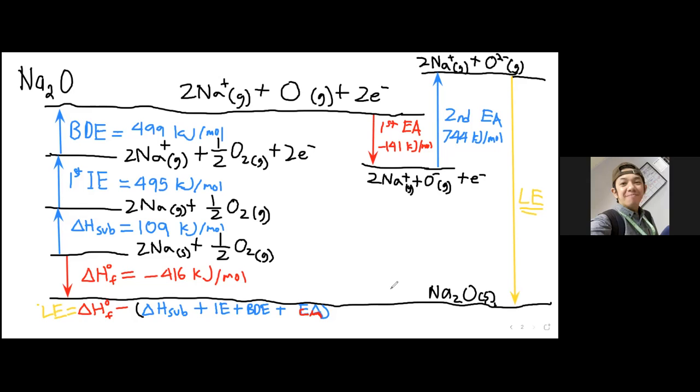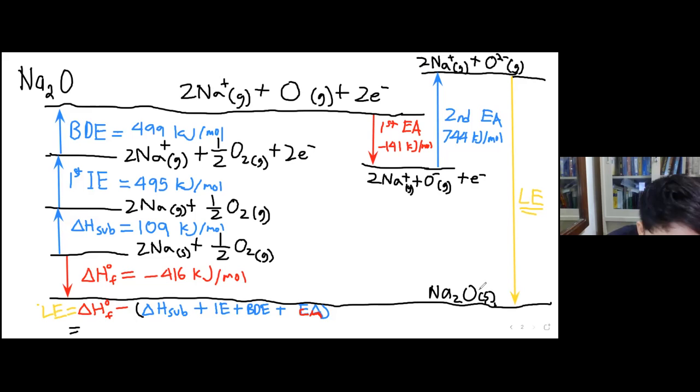So therefore, do you need another page for this? Maybe I need. Okay, go ahead. So substitute the values. You can now input the values in the equation.